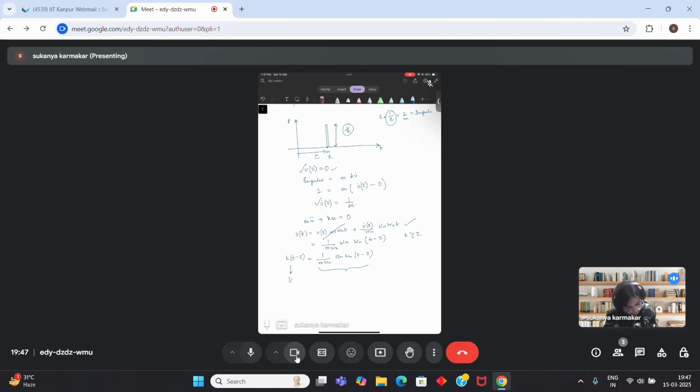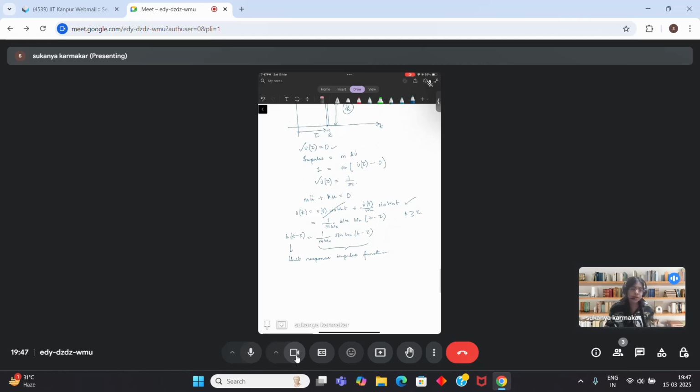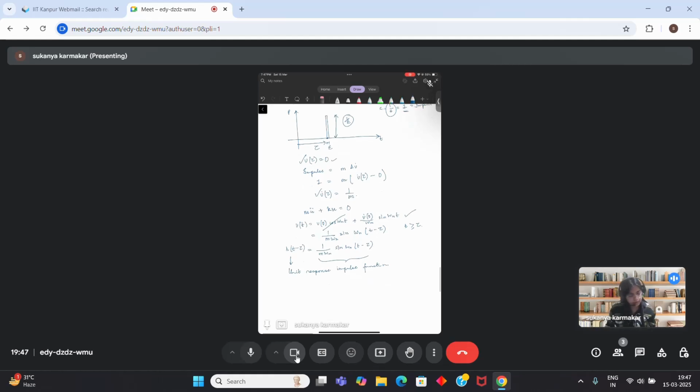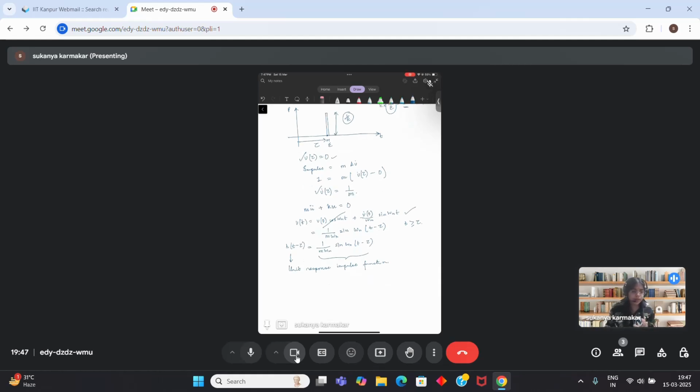This is true when t is greater than tau, because when t is less than tau it is not there. And this is for when there is no damping present in the system.